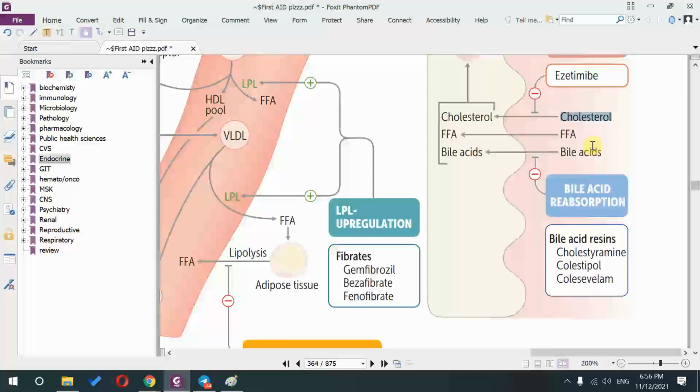The bad thing is that we have a few vitamins that are fat soluble. Do you know which vitamins are fat soluble, guys? Not the B vitamins, no. The vitamins are with the mnemonic ADDICT, okay?